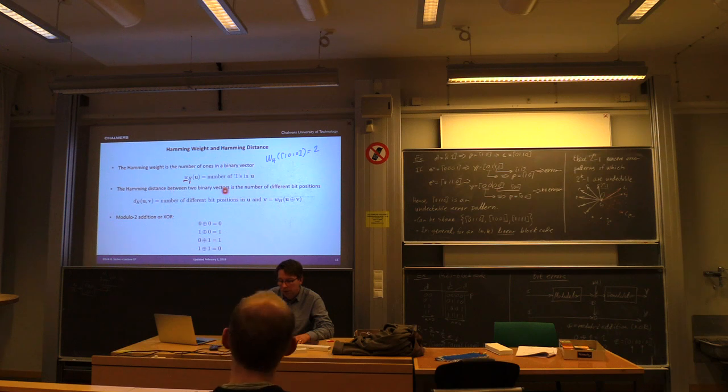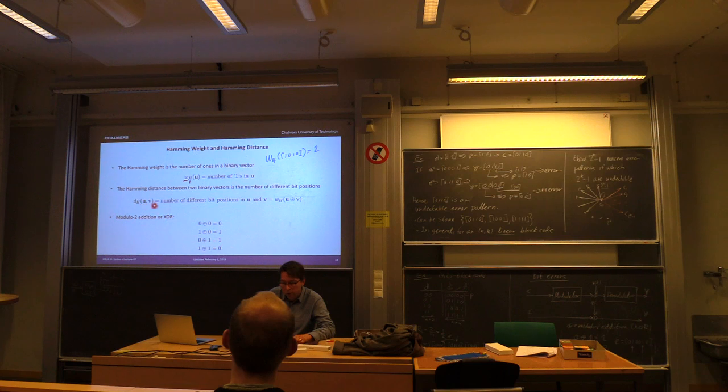Okay, if we have a weight or a length, we can calculate the distance. And the distance between two binary vectors, the Hamming distance, is the number of places where the vectors are different. Okay, let me put it like this. The D for distance, H for Hamming.